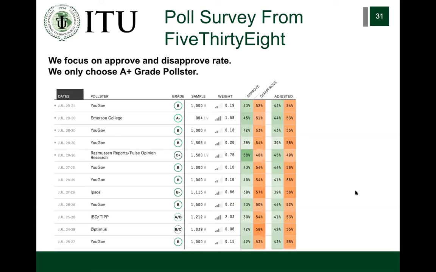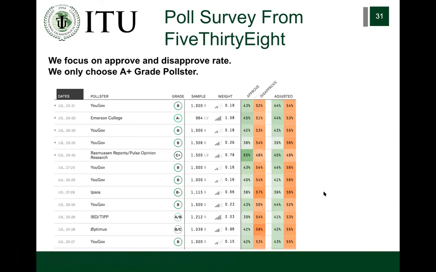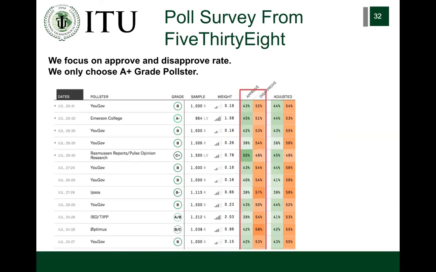And I will use the approval rate here as our dependent variable to see if anything can affect our approval rate. And I filtered our data set and chose only the A plus organizations.